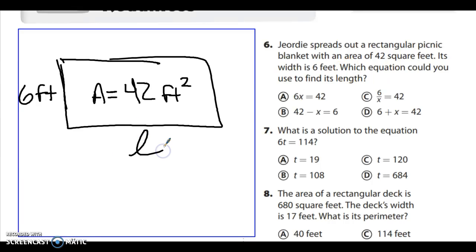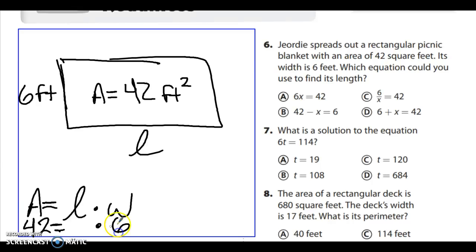So the length is I don't know. Well, which equation could we use to figure out its length? What we know about area is that you would do the area by doing length times width. And we know the area is 42. We don't know the length, but we do know the width is 6. And let's say I put an L there. Which of these would look like that? I've got 6 times x is 42.